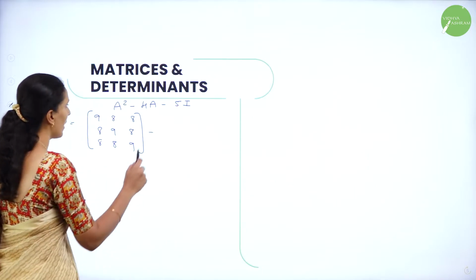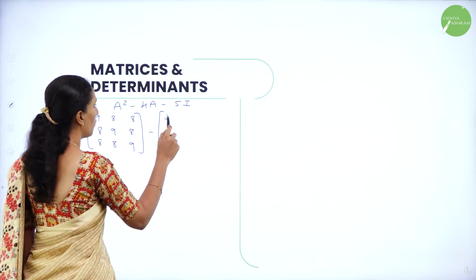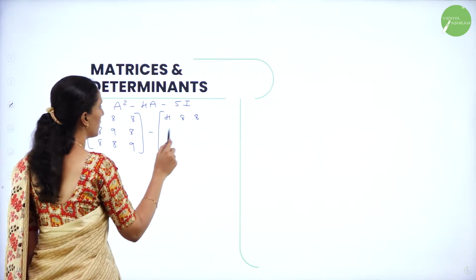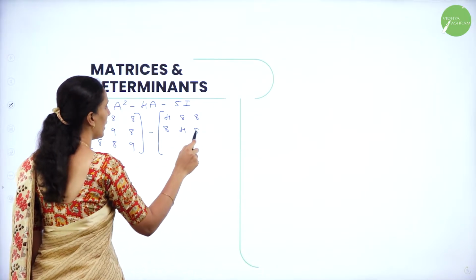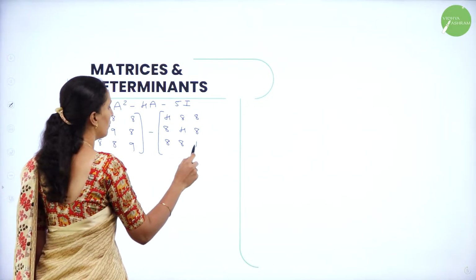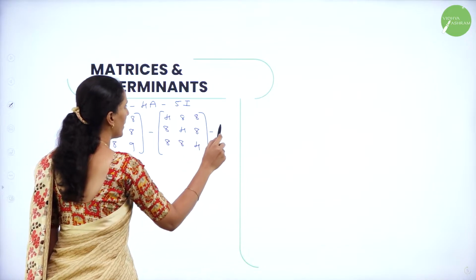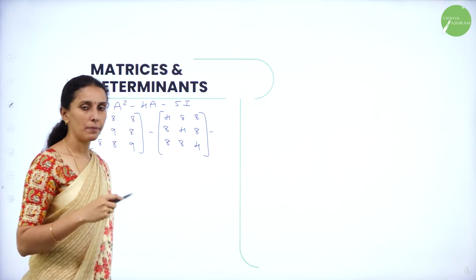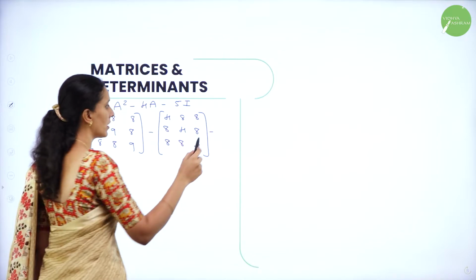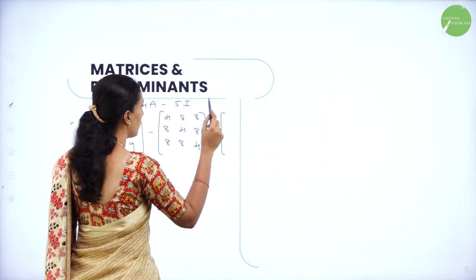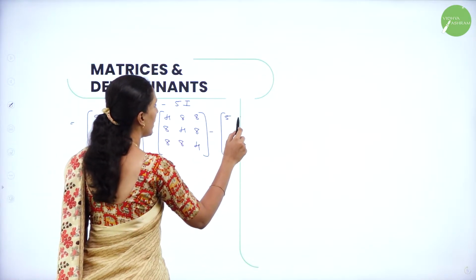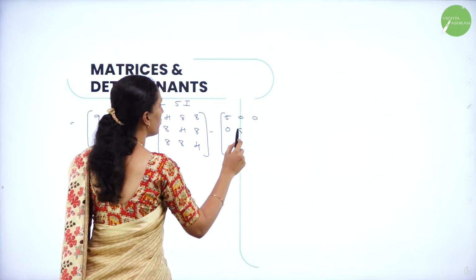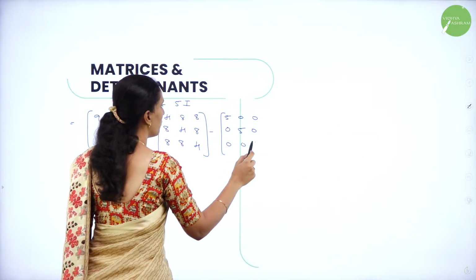So let us multiply, it becomes [4, 8, 8; 8, 4, 8; 8, 8, 4]. Minus 5 into I means multiplying 5 to the identity matrix, that is [1, 0, 0; 0, 1, 0; 0, 0, 1]. So multiplying 5 we get [5, 0, 0; 0, 5, 0; 0, 0, 5].